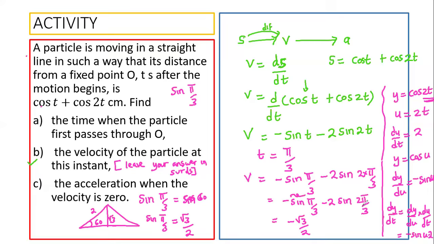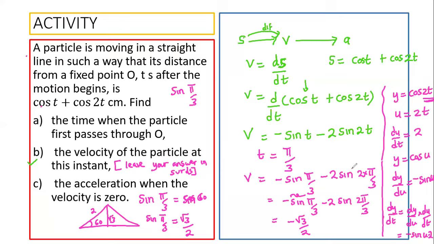Then when it comes to 2 pi out of 3, you can still do the same thing. You say, now I want sine of 2 pi out of 3.